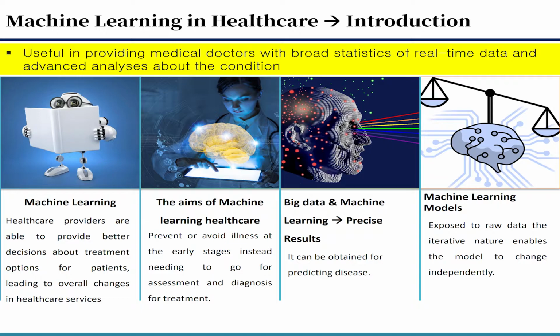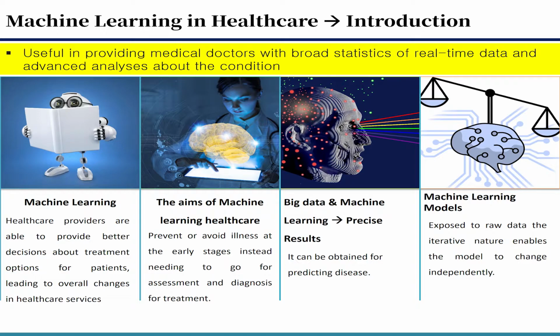So it can be used for predicting disease by using big data and combining big data with machine learning. And fourth, we have machine learning models, where the models are exposed to raw data, and the iterative nature enables the model to change independently.